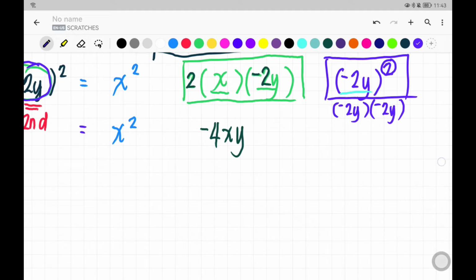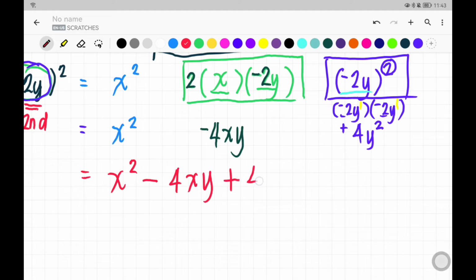Ang magiging answer natin ay negative 2 times negative 2, that is positive 4. Okay? Positive 4. And then, that is y. We know naman that y here has an exponent of 1 and 1 here. So, therefore, that is squared. Okay? Then, writing down our final answer, we'll have x squared minus 4xy plus 4y squared.